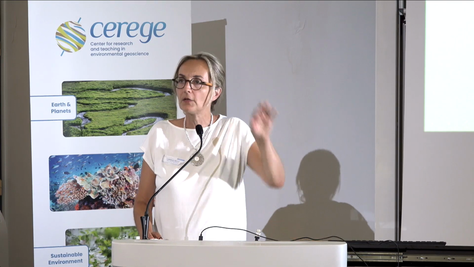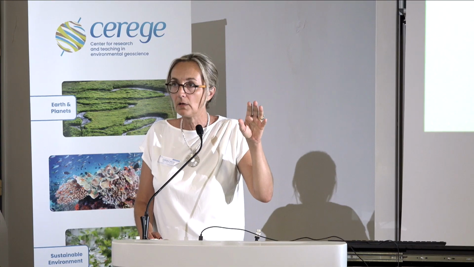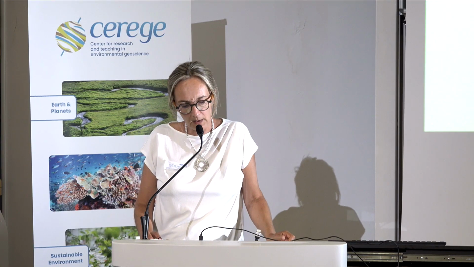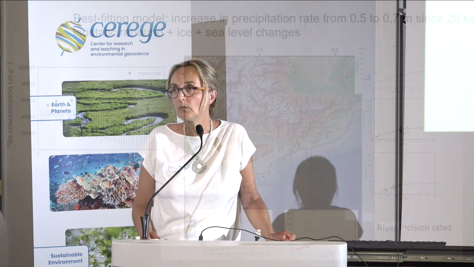You're right that in the upper part of the massif, if you look at the first landscape that I've shown you, it's very soft sediments, moraine and so on. So we cannot reproduce this. In this area, the incision rate that we measure is much higher than what we predict.